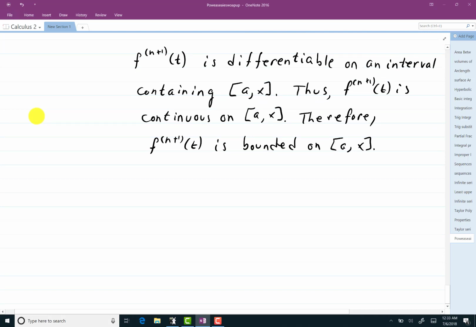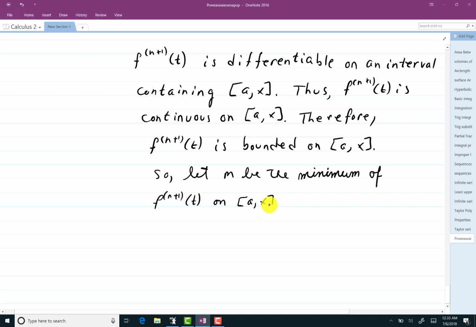So, let little m be the minimum of f to the n plus 1 of t on [a, x], and let capital M be the maximum.